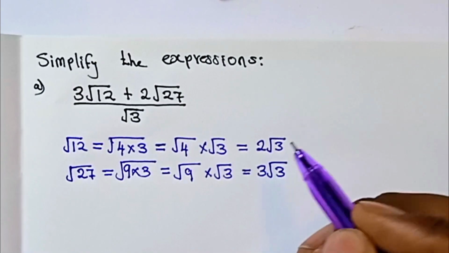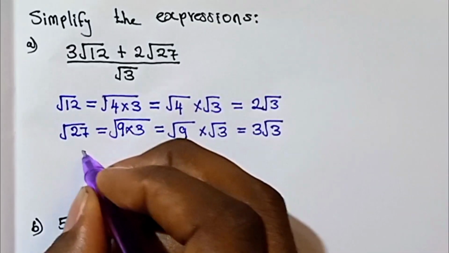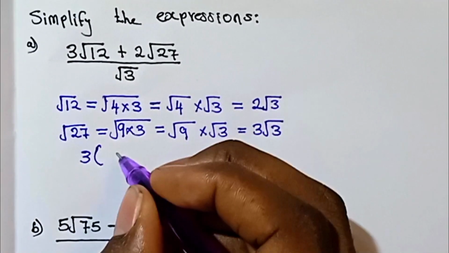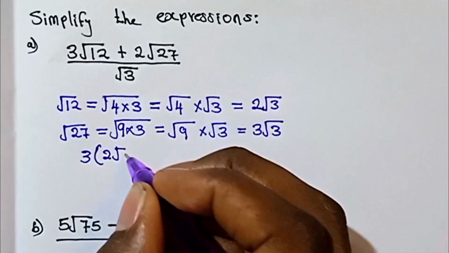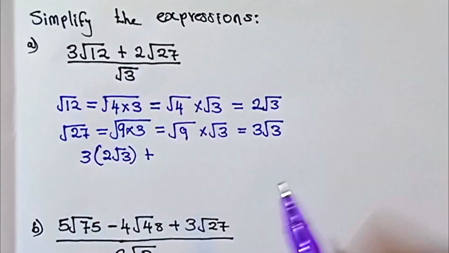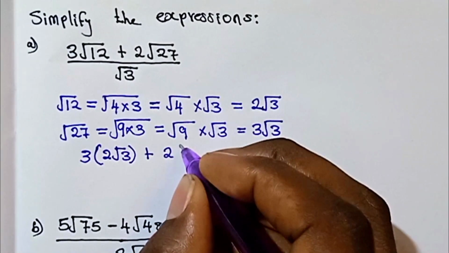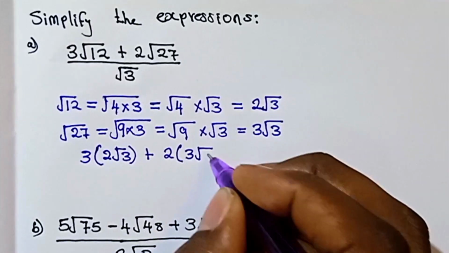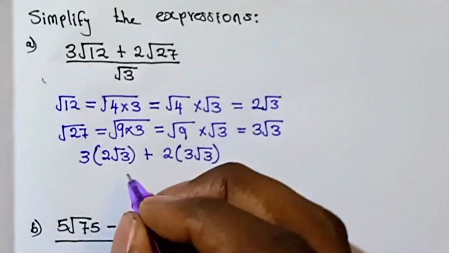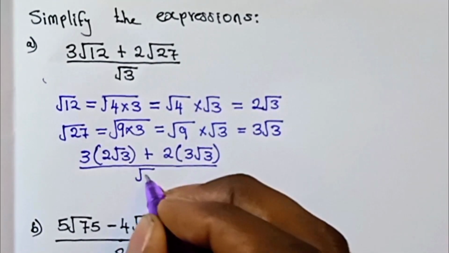So when we rewrite this here, we're going to have 3 into bracket 2 root 3 plus 2 into bracket 3 root 3. We can also write the denominator here, so we're going to have the square root of 3.